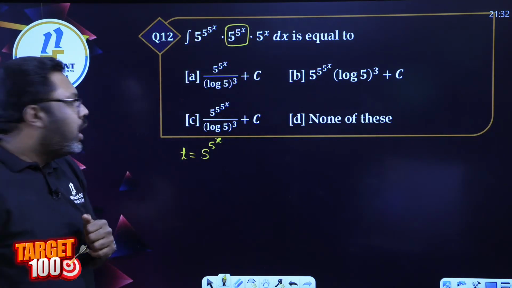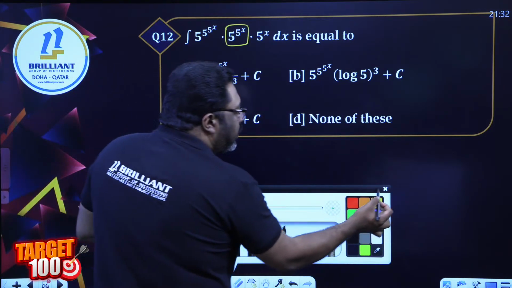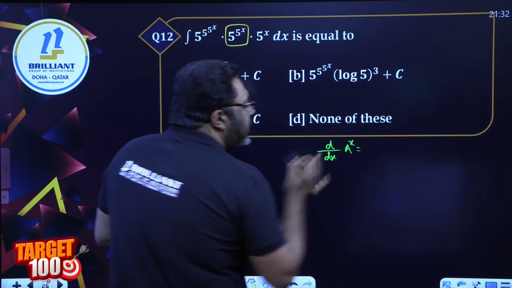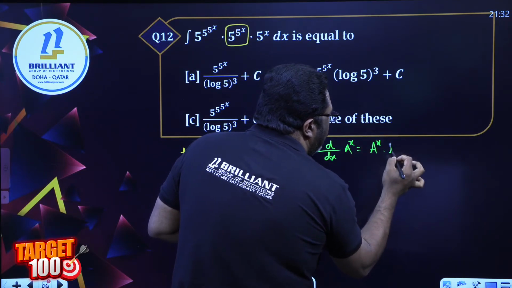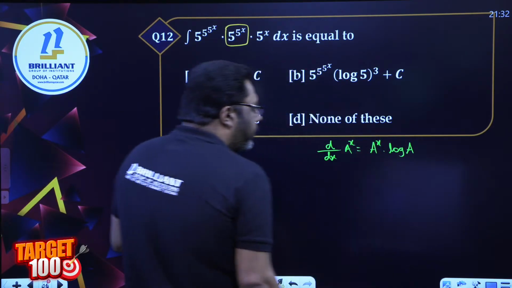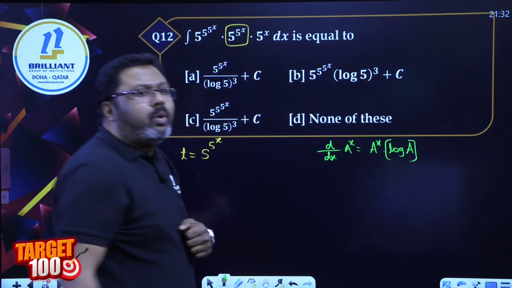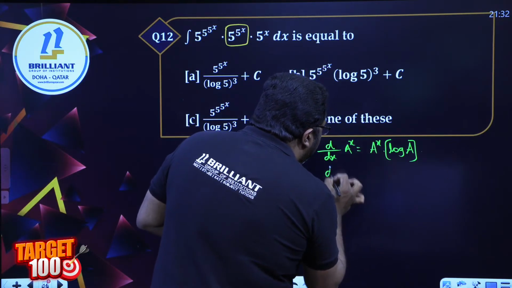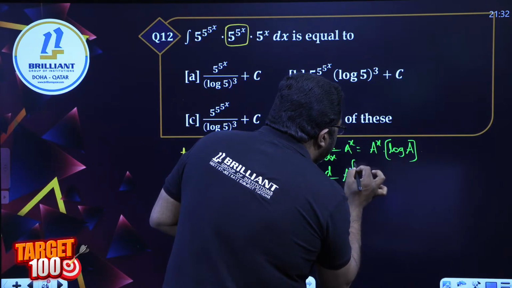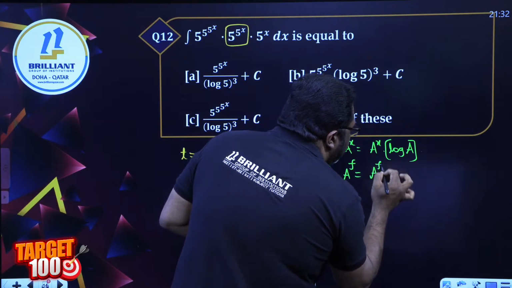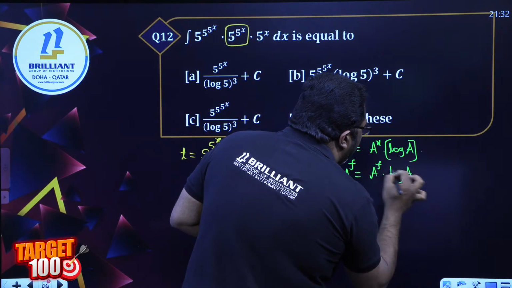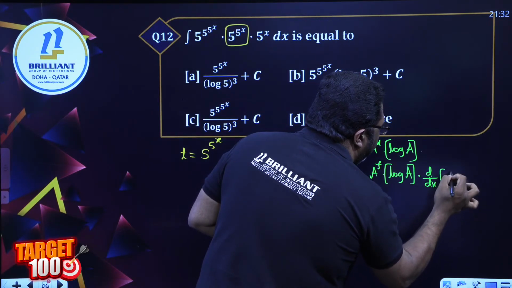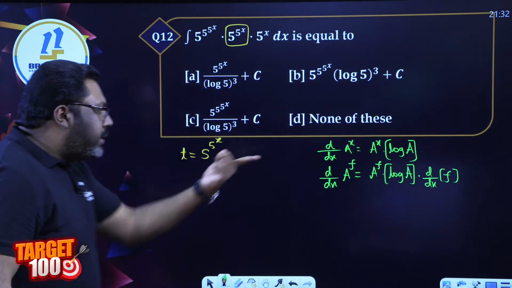What's the derivative of a raised to x? I want everybody to think about it. It is a raised to x into log a. If I apply the chain rule, the derivative of a raised to f is a raised to f into log a into derivative of f. Same idea.